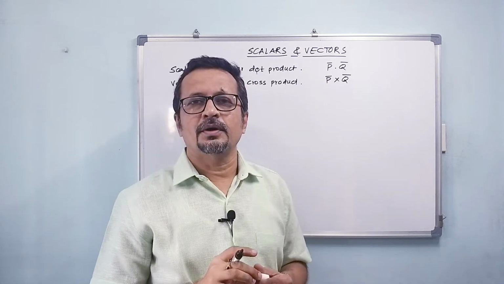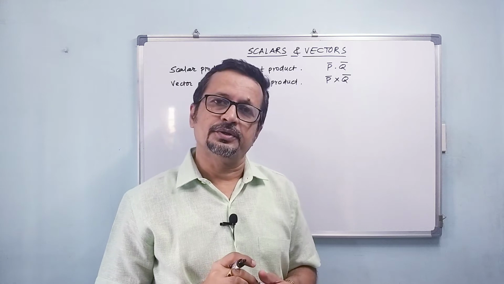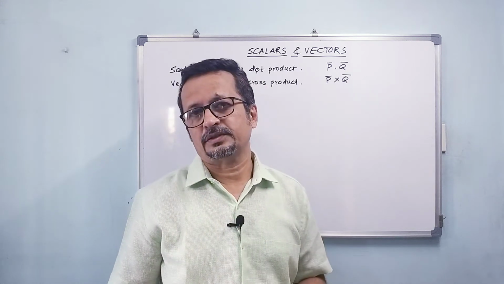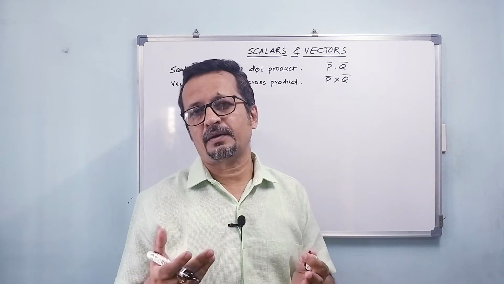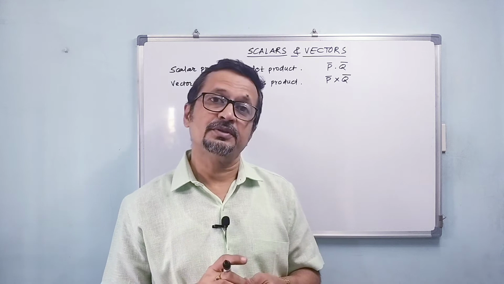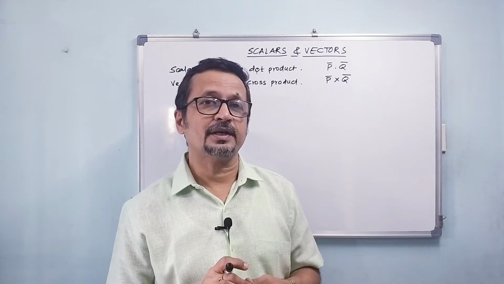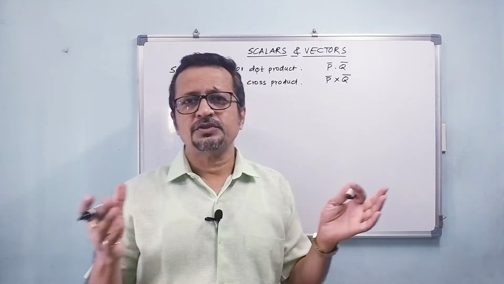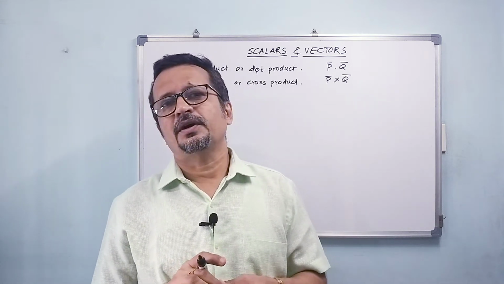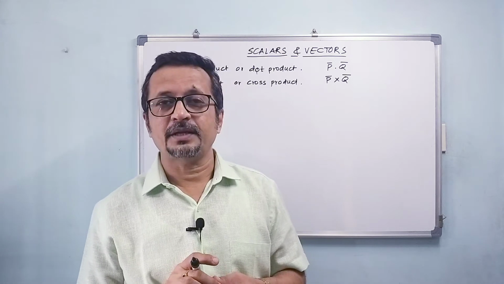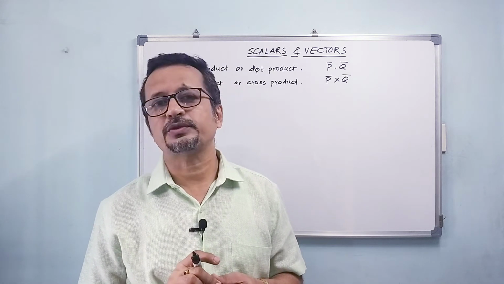Now one question here, scalar product of two vectors. When I am multiplying one vector by the other vector, how can the resultant be a scalar? For that you can take the example of work done. Now what is work done? Work is said to be done when a force acts on a body and produces displacement in its own direction.